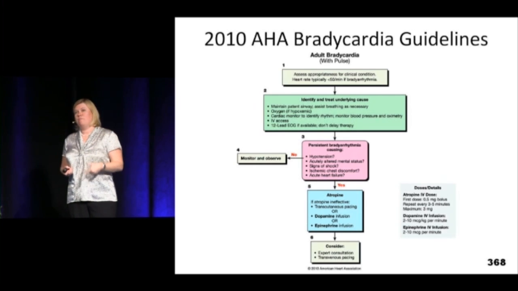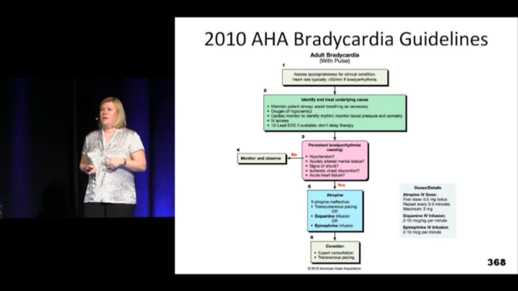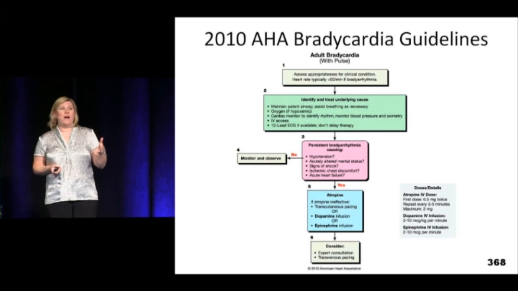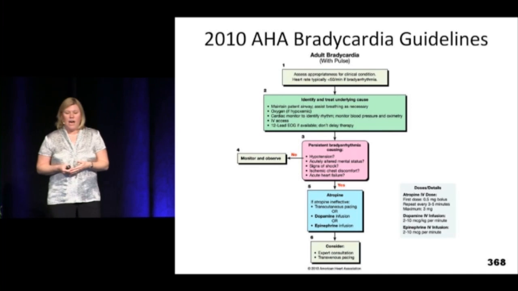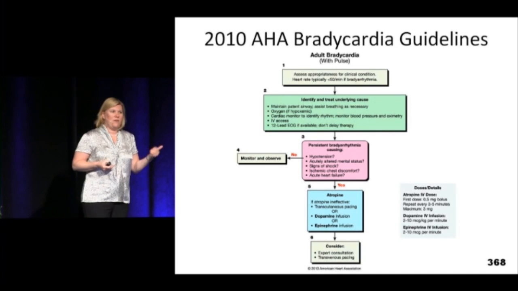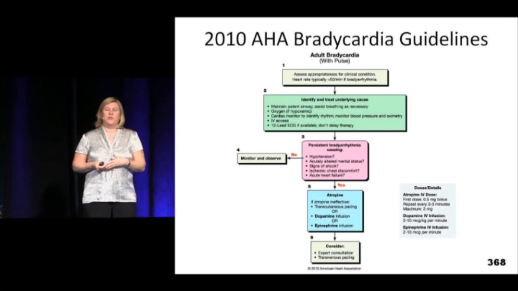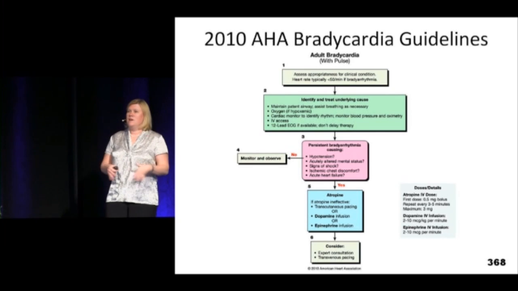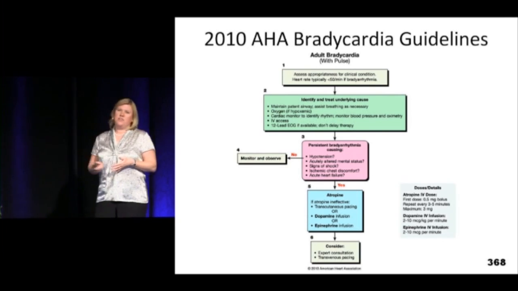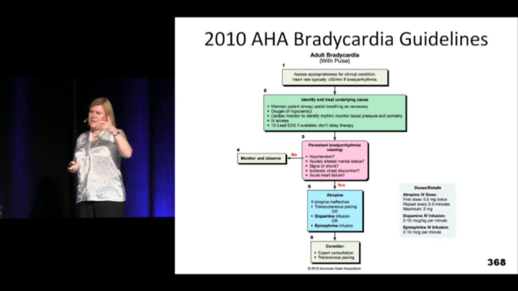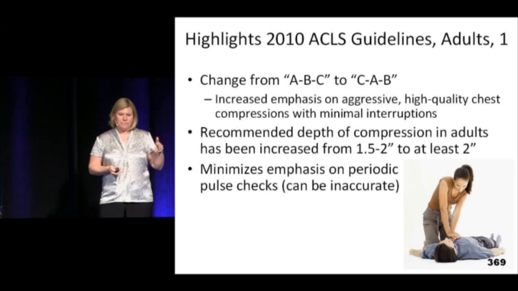You can also have the option of transvenous pacing, which is in the bottom box. Or you can try a chronotropic agent. You can try to speed them up pharmacologically. The options that they give you here are dopamine or epinephrine. So you're faced with a patient who has a pulse, they've got a slow rate, you think you need to do something because they look sick, these are your options: atropine, pacing, or a chronotropic agent.